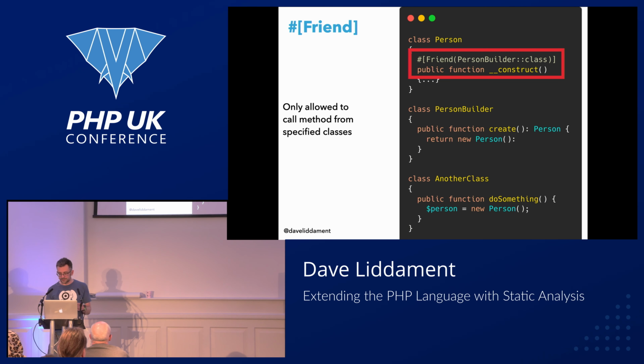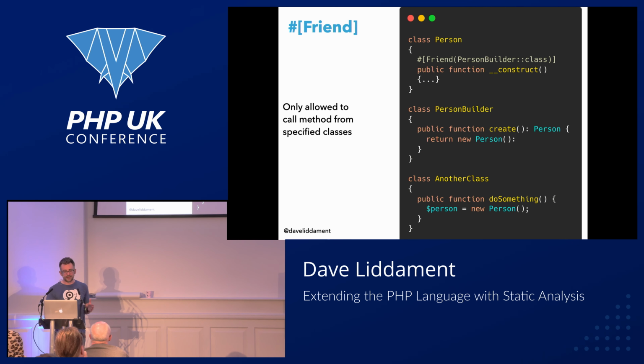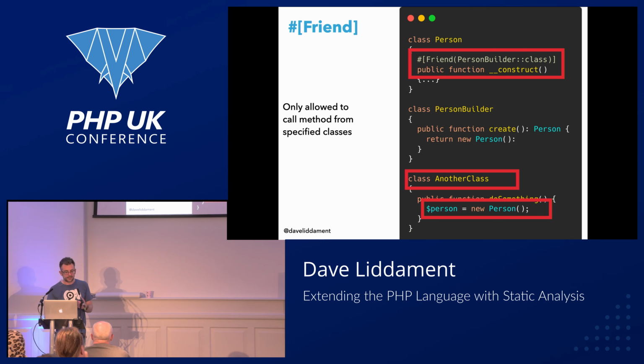So what I can do is I can say person, the construct method is a friend of person builder. That means I can call new person as long as I'm in person builder. So that would all be okay. But if I tried to construct a person from somewhere else that's not inside the person builder, like here, another class, then PHPStan would say, no, this is not allowed.